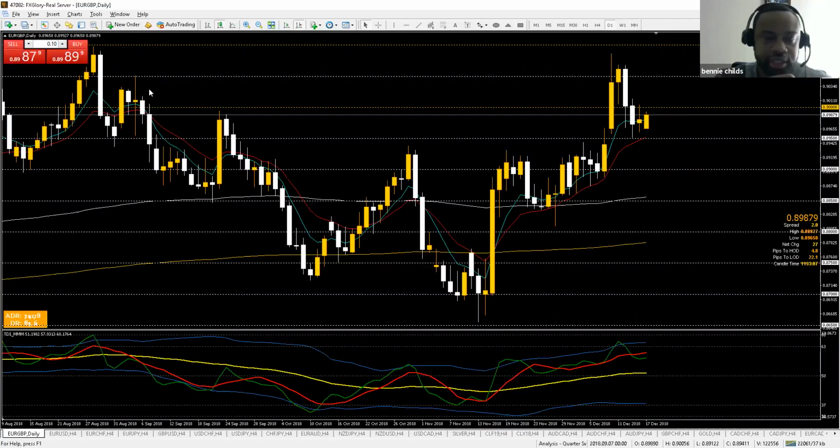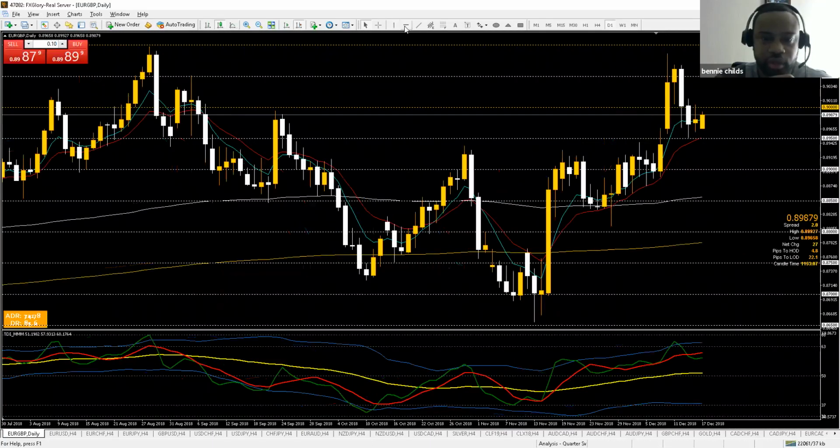You can see right here where the market went up, and then the market came down, and then the market went up, and then it came down, basically making an M formation. We'll get into that when we analyze the market beta trading strategy. So that's the quarter swing method.